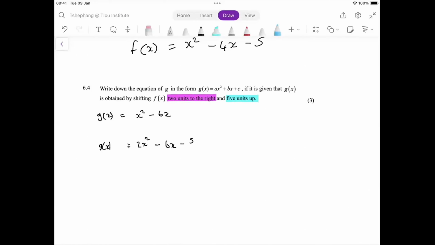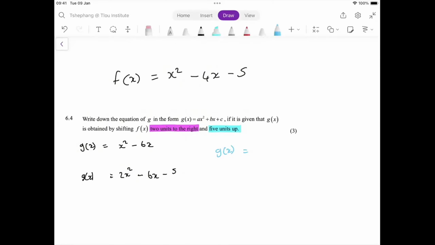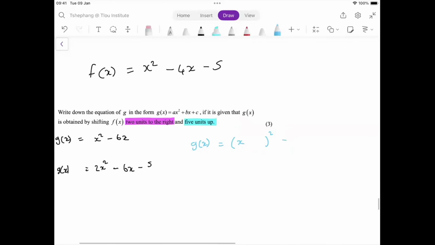We can say that g of x is going to be, what I want to do is I want to say it's x squared minus 4x, then leave some space, and then minus 5. Now, they said 2 units to the right. Because they said 2 units to the right, what is it going to become? Minus 2, minus 2. What else did they say? 5 up.